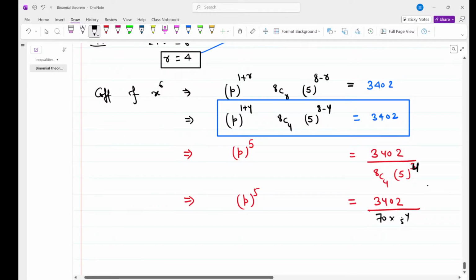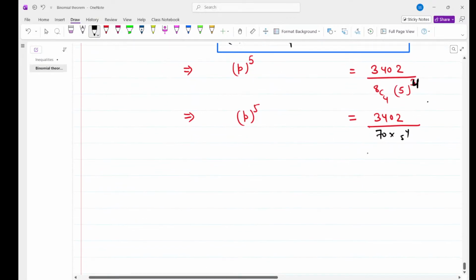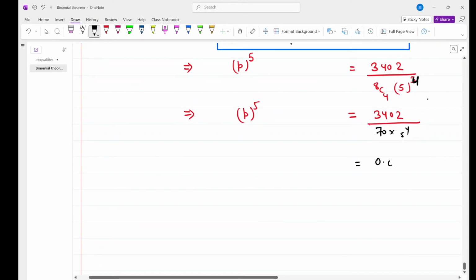So it will be 3402 divided by 70, divided by 5 raised to power 4. So we are getting this much. We are getting 0.07776, and this is p raised to power 5.